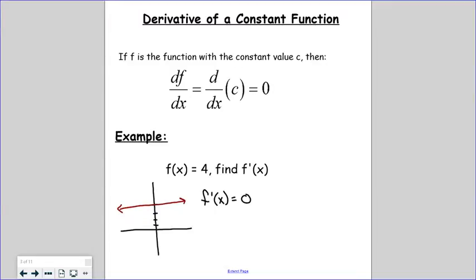Well, if I were to draw at any point a tangent to this line, wouldn't that have to also be a horizontal line? So that's another way of looking at why the derivative is always 0 for a constant. If it's a constant function, it's a horizontal line, and a tangent to a horizontal line is a horizontal line, which has a slope of 0.